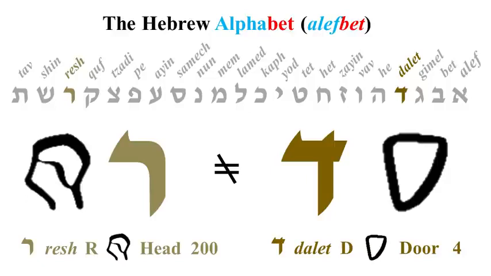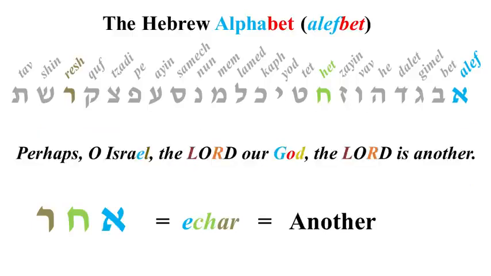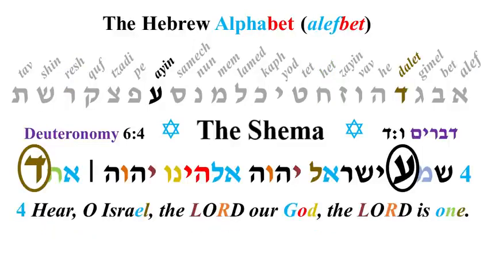If you put a Resh, you get the word Echar, which is another. If you made both mistakes, you'd be saying, "Perhaps, O Israel, the Lord our God, the Lord is another." So to avoid that, he put an enlarged Dalet there. So now we know, "Hear, O Israel, the Lord our God, the Lord is one."